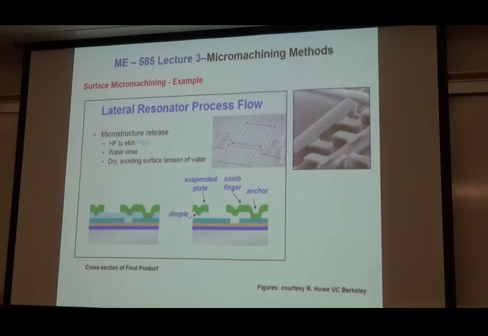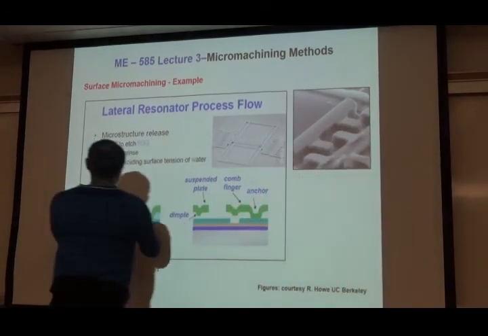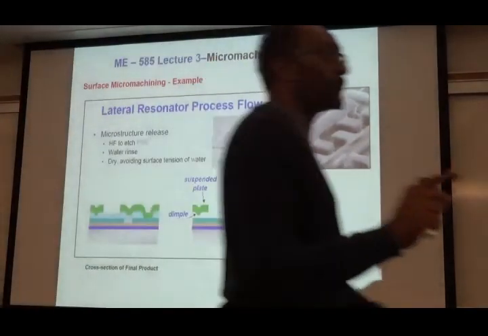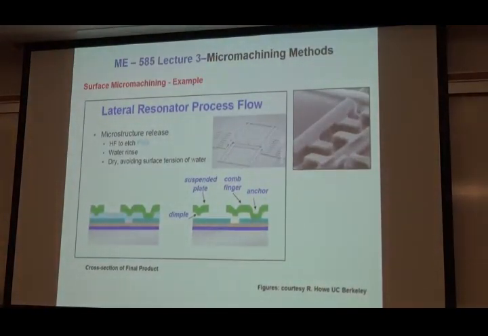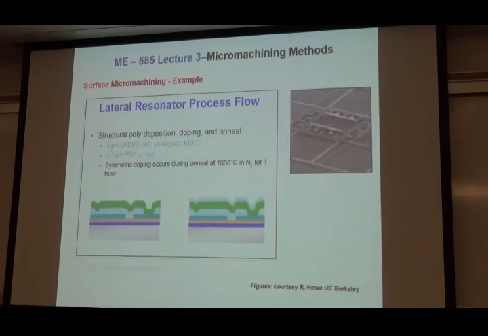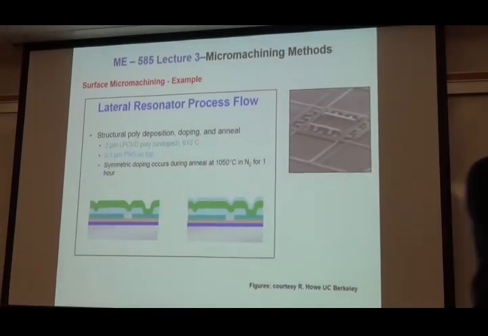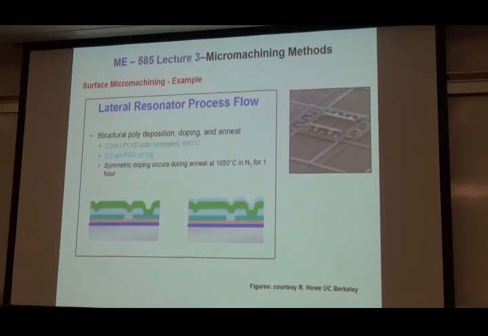Now, using that mask, now here's where it gets complicated, okay? Hopefully you stay with me. So I put the phosphosilicate glass, this guy, right? Now I'm trying to etch through this, which means I have to first make openings through the PSG.